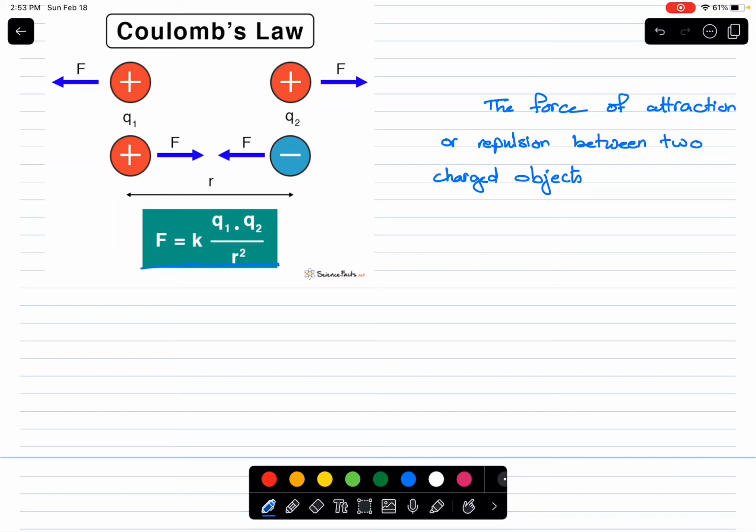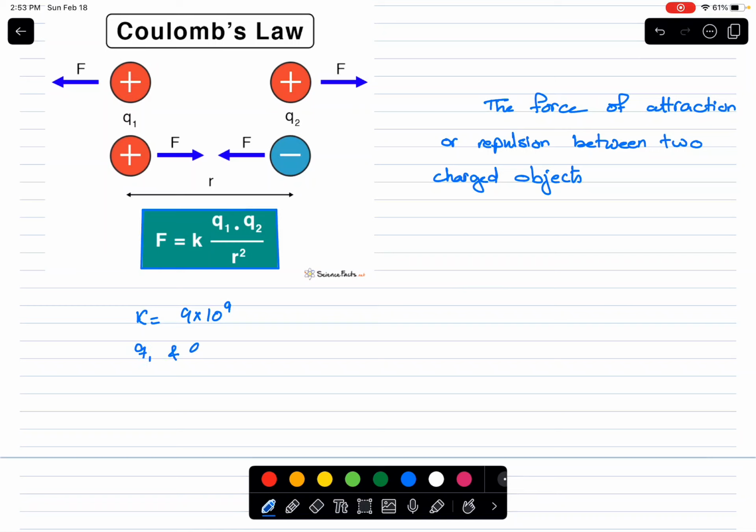The electric force is equal to the constant K, which is an electric constant, times the charge of the first object times the charge of the second object divided by the separation between them squared. Remember, K is equal to 9 times 10 power 9.